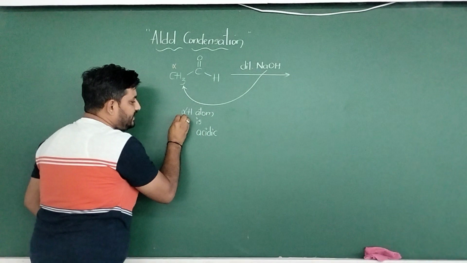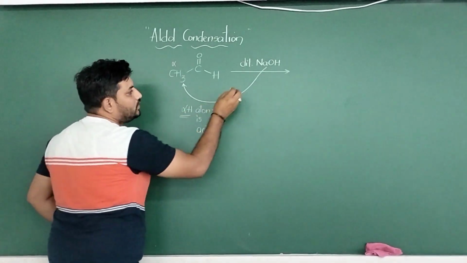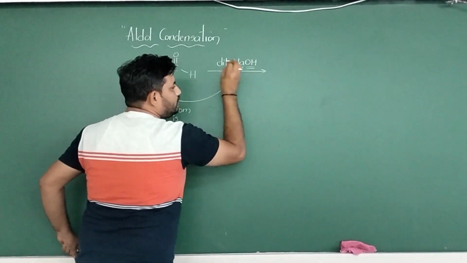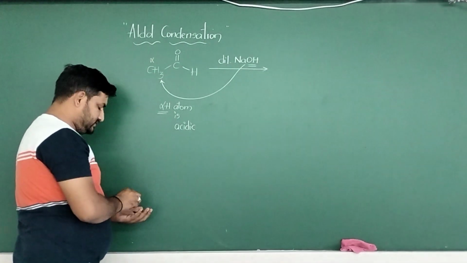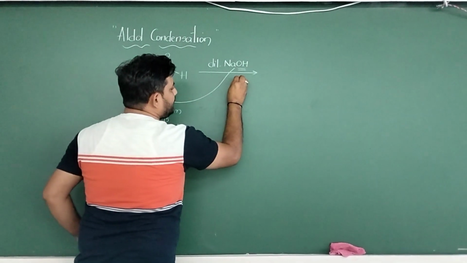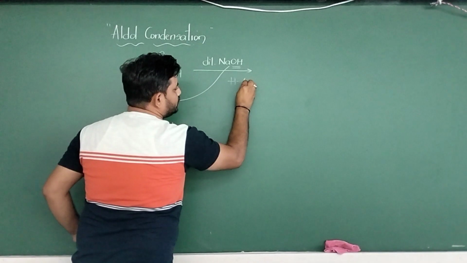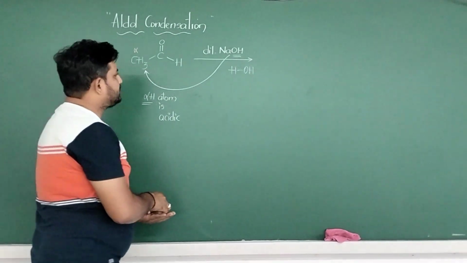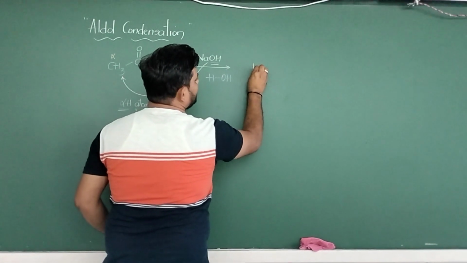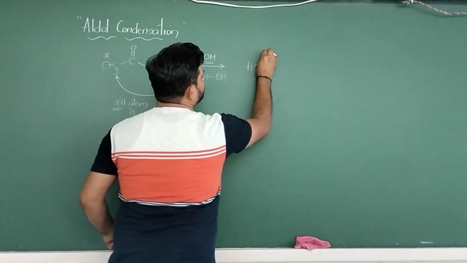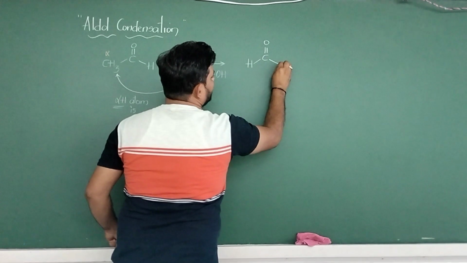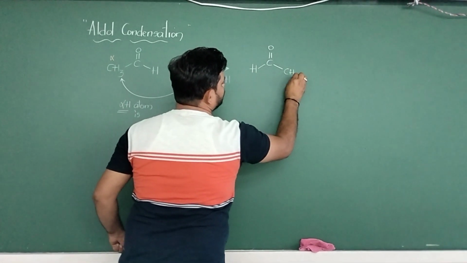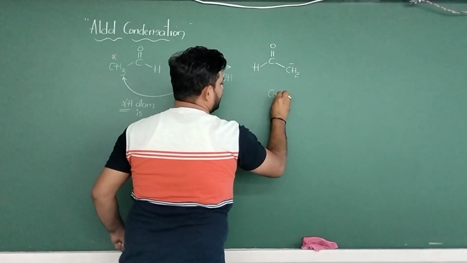This acidic alpha hydrogen atom will react with the hydroxyl group obtained from the base. It will definitely end up giving you a water molecule, that is a kind of neutralization reaction, and generating a carbanion out of the aldehyde. You end up getting a CH2 minus over here. This is called a carbanion.